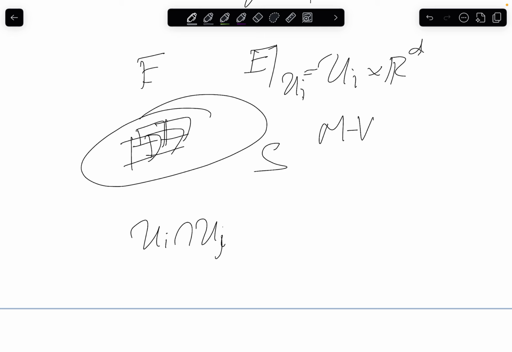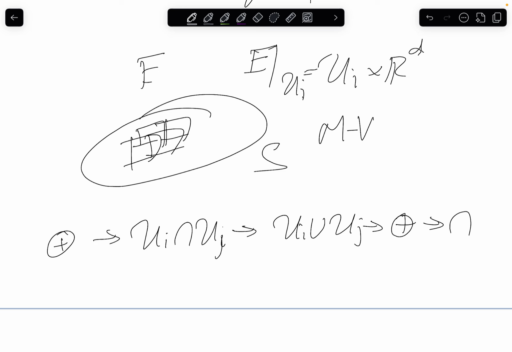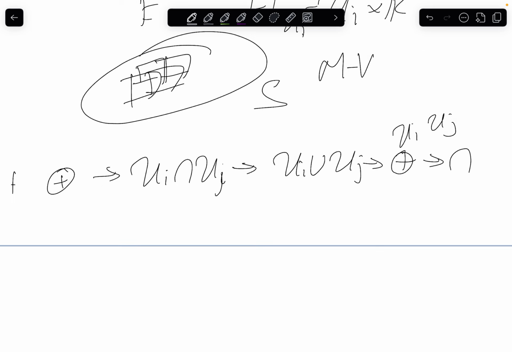You have a map from this going to U_i union U_j. You have a map from this going to the sum, and then again the intersection, and over here again the sum. Okay, so here this is the sum of U_i and U_j, right? So what can we consider? We consider the cohomology with compact vertical support.